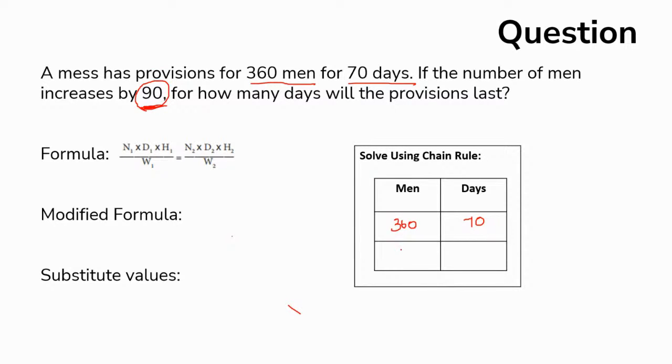In that case, 360 plus 90, it is going to be 450. So totally 450 men can complete that provision in how many days? That is how the question has changed here.